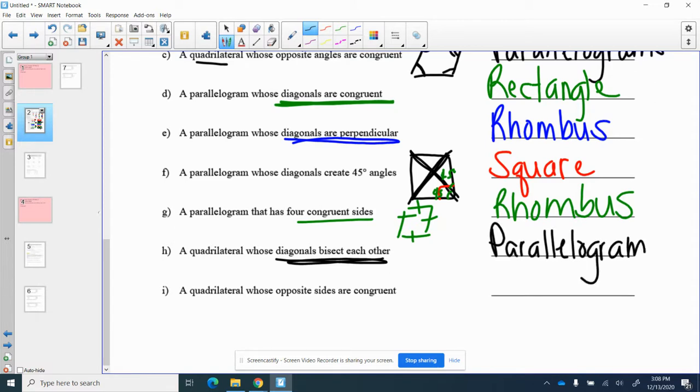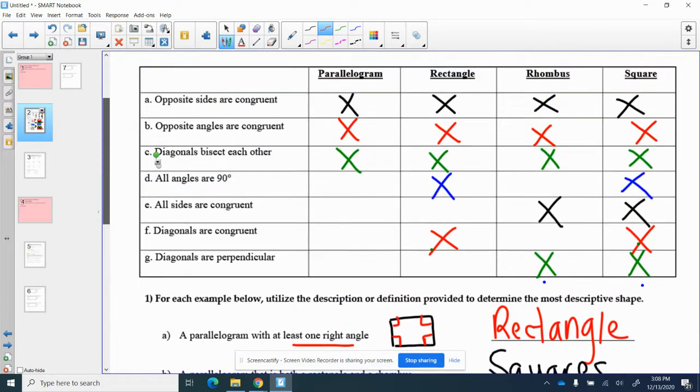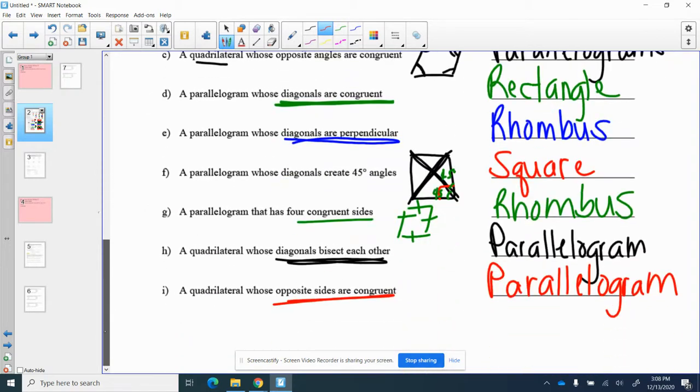And then last but not least, a quadrilateral whose opposite sides are congruent is going to be descriptive of, at best, a parallelogram, because again, we don't have enough information to say if it's specifically beyond this a rectangle, a rhombus, or a square. We just know that the opposite sides are congruent.